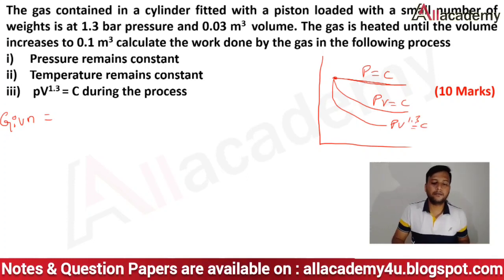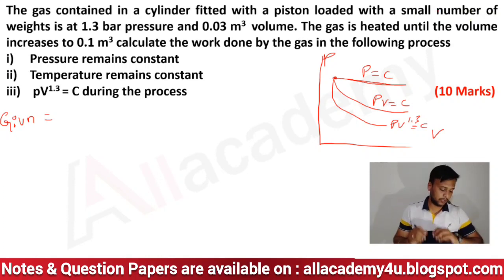This is how the graph will be on the PV diagram: first process, second process and third process. I need to calculate the work done for each process.